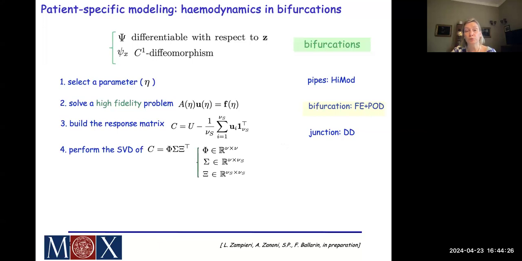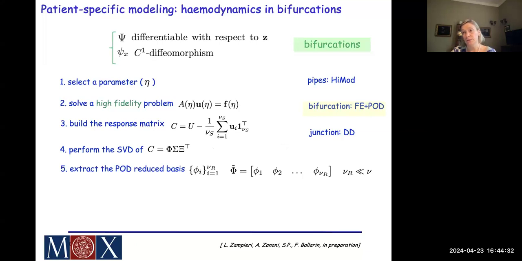At this point, we perform the singular value decomposition of matrix C. And this allows us to extract the proper orthogonal decomposition reduced basis. So we decided to keep a certain number nu r of POD modes, which is expected to be considerably lower with respect to the dimensionality of the full problem.